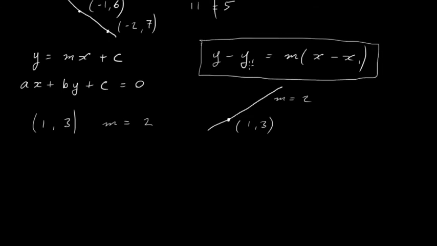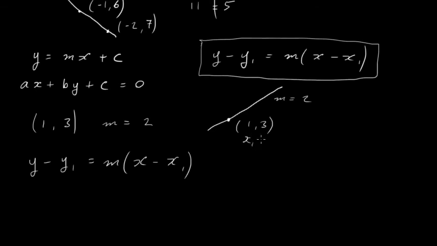Because we have a point and because we have the slope, we can use this formula here to determine the equation of this line. So let's do that. First thing you do, just write down this equation: y minus y1 is equal to m multiplied by x minus x1. Now, the y1 and the x1 is this point here, the coordinates of this point.